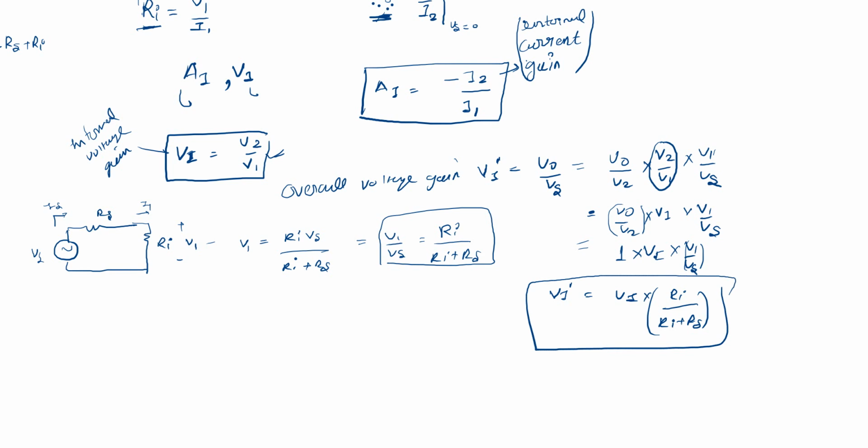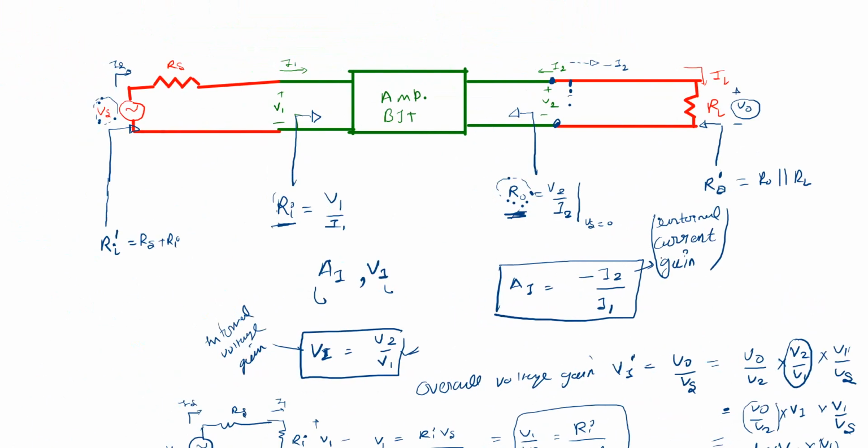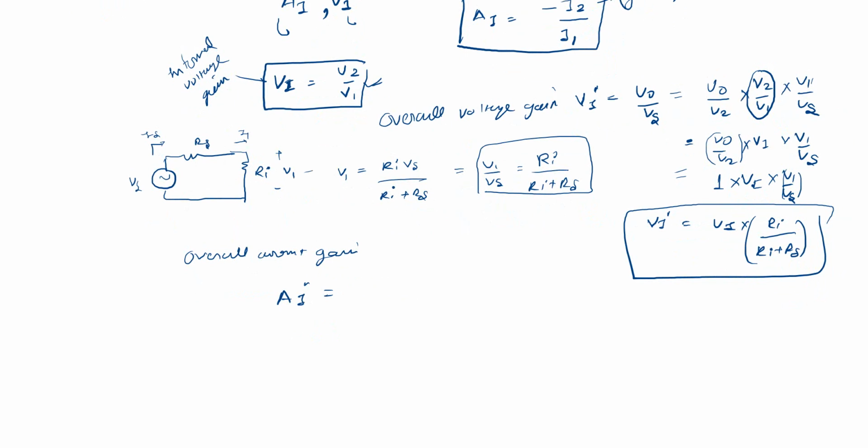Now we need to calculate the overall current gain. So the overall current gain AI dash is what you can see here, the IL and this is the IS. So we can write this as IL, the forward output current, upon the forward input current, IS.